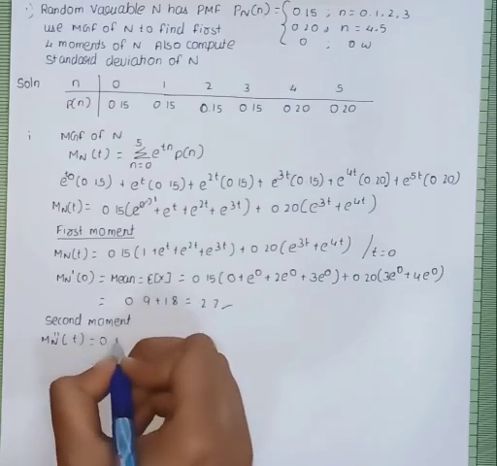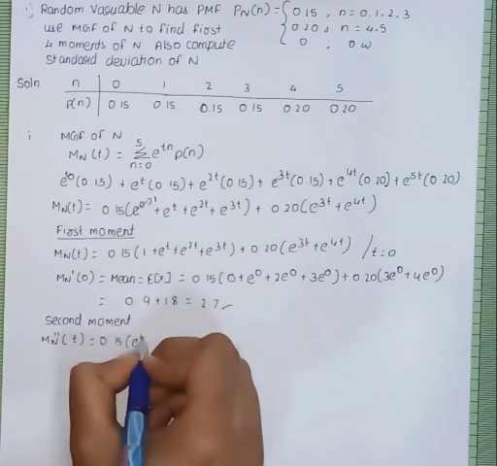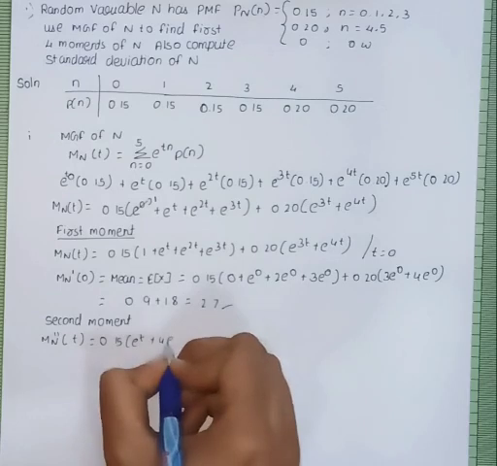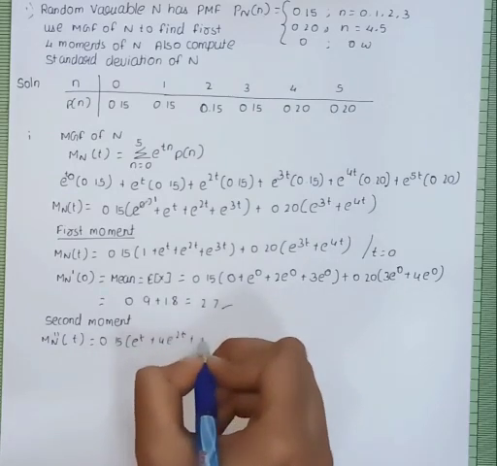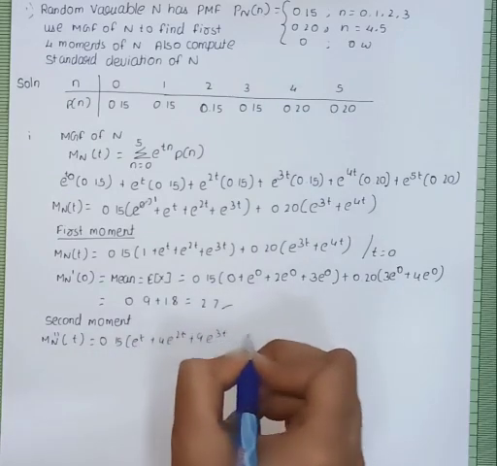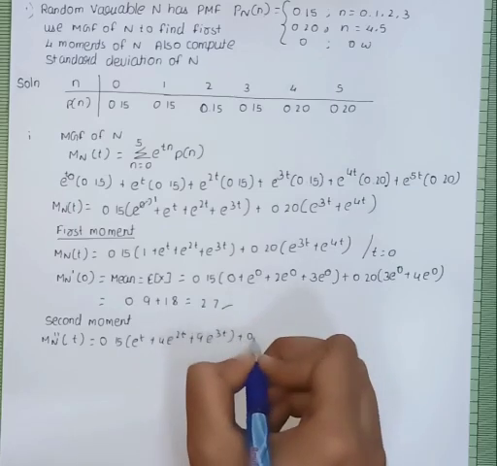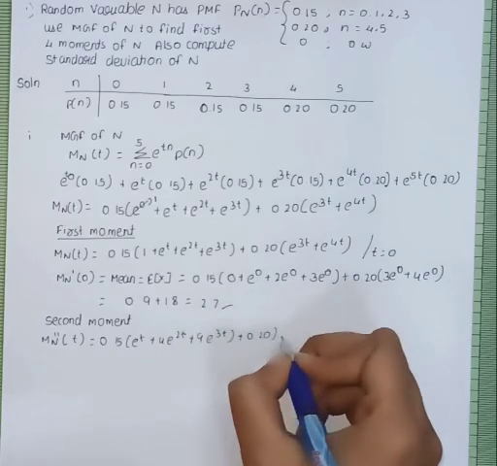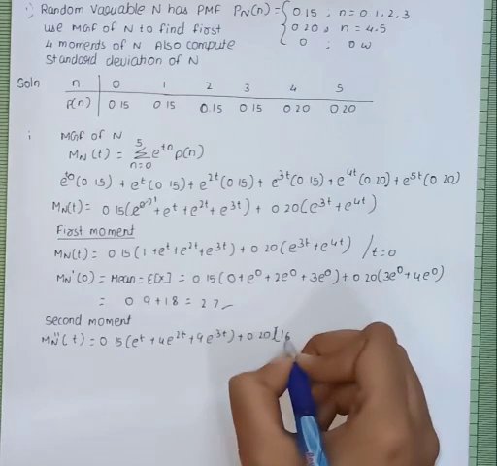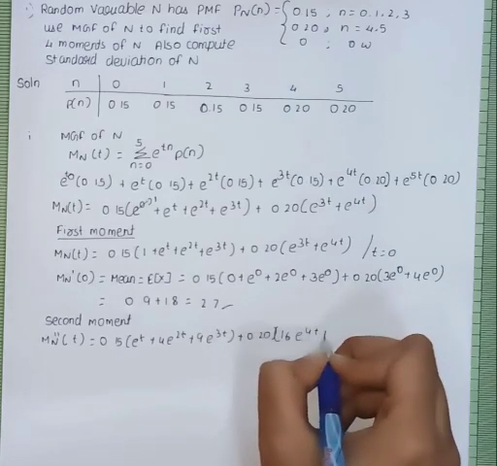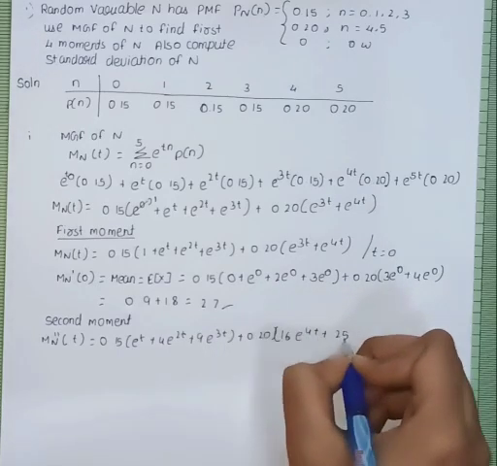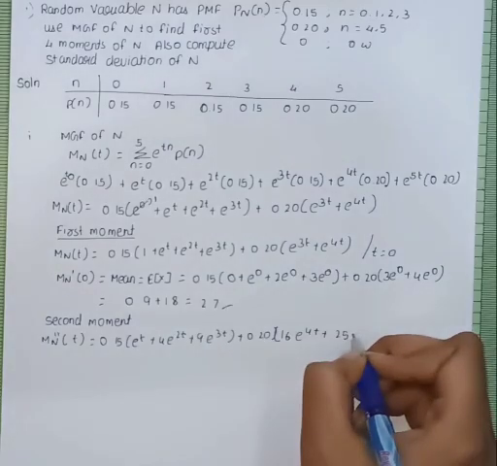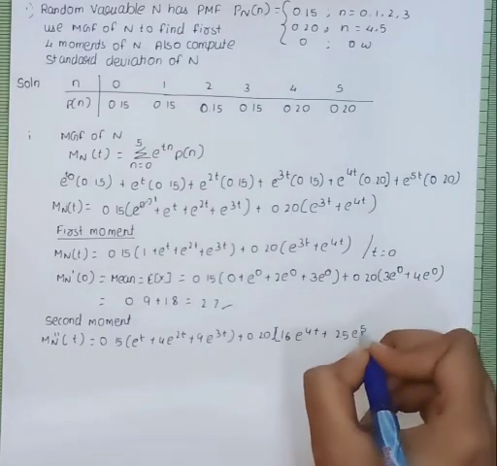So this will be 0.15 into e power t plus 4 e power 2t plus 9 e power 3t, plus 0.20 into 16 e power 4t plus 25 e power 5t.